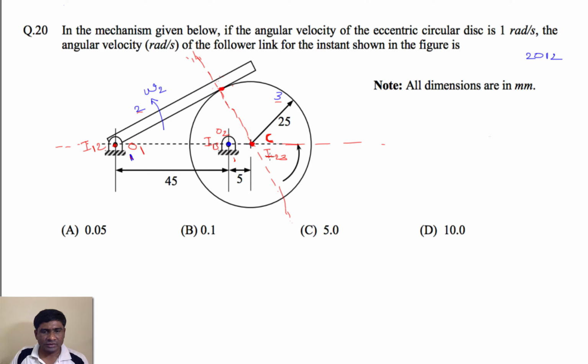What is the meaning of instantaneous center 2 and 3? At this instant, link 3 as well as link 2 are rotating together about the instantaneous center 2 3.